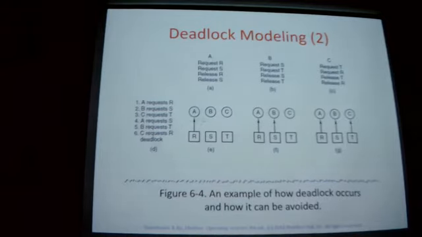For example, maybe we first allocate R to process A. Now, from this figure, we can see that process A gets R. And then we allocate S to process B, so process B gets S. And then we allocate T to process C, so process C gets T. In this figure, each process gets a resource.